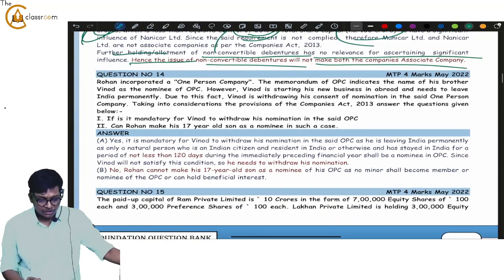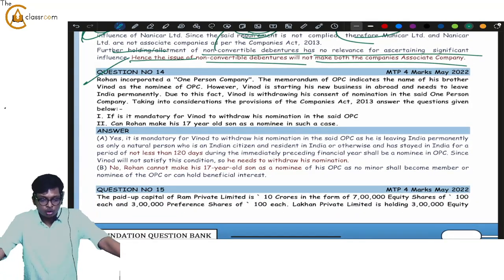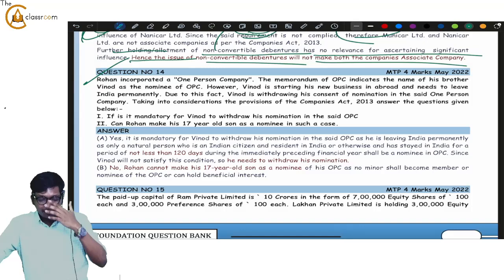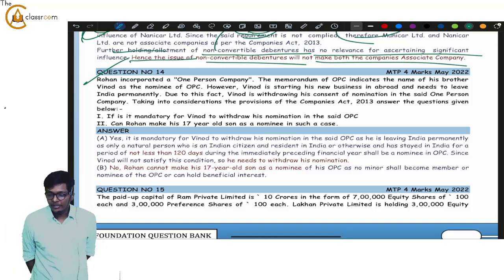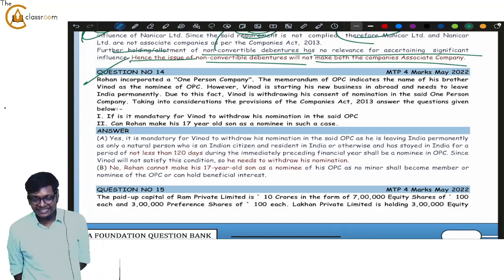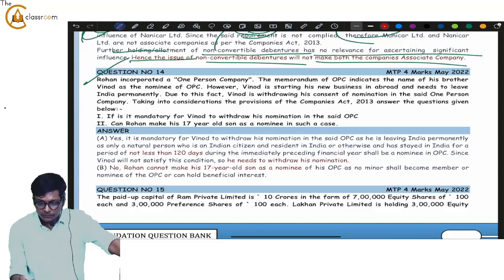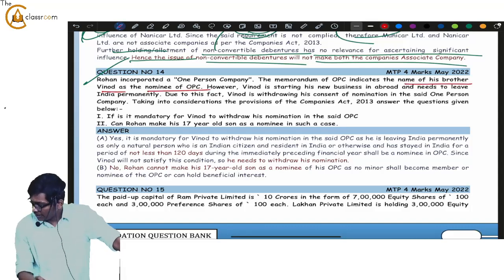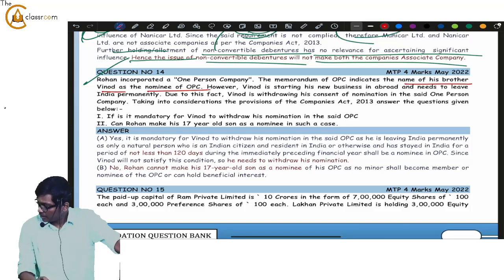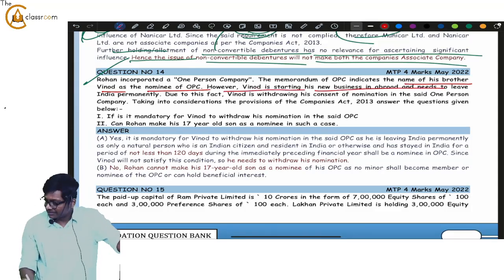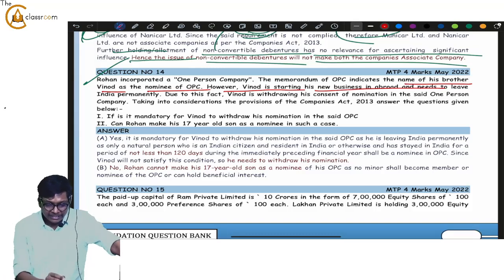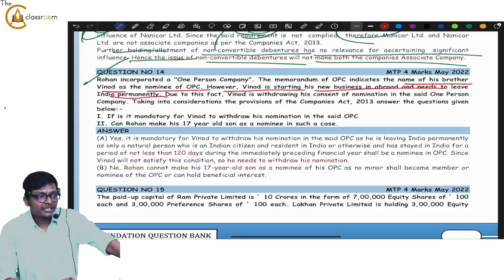Next, question number 14. Rohan incorporated a one-person company. The memorandum of the one-person company indicates the name of his brother Vinod as a nominee. However, Vinod is starting his new business abroad and needs to leave India permanently.